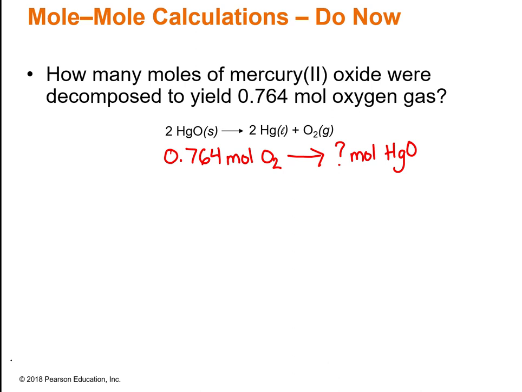All right. So this is the question that we have. 0.764 moles of oxygen. How much mercury 2 oxide was decomposed to make that oxygen gas? The first thing that we have to do is figure out our mole-to-mole ratio, or our mole ratio.